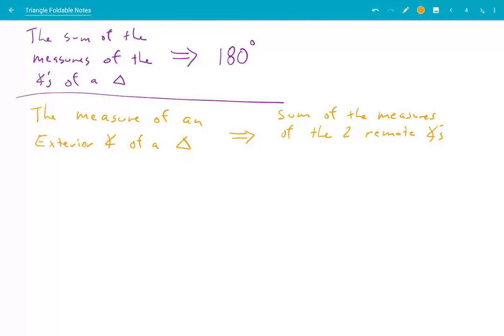And by remote we mean the non-adjacent interior angles. That's what the remote angles are. So let me show you what that is.